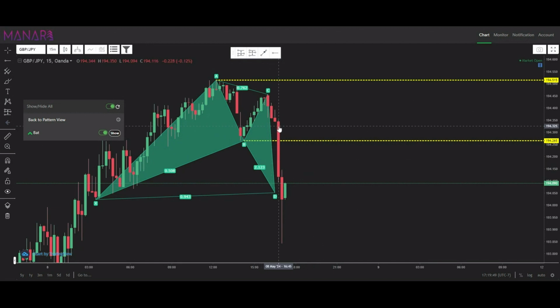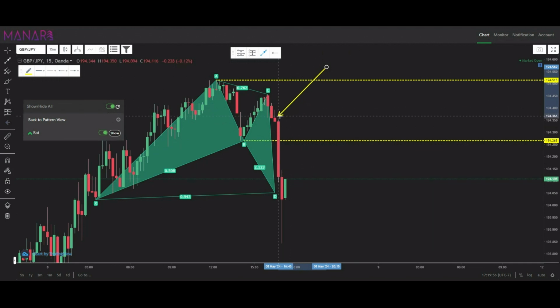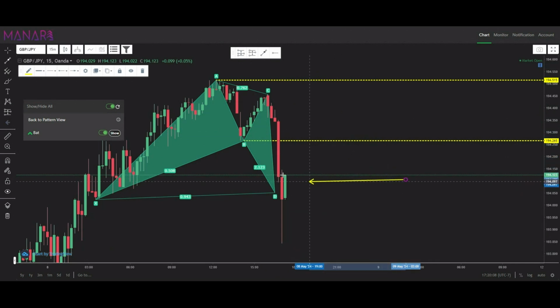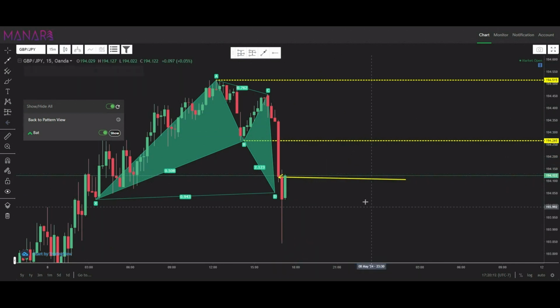Because my confirmation is given by this candle. This candle closed below the horizontal line, right? So barely when the candle closed, which is exactly on this part, that's when I could have placed the pending order.